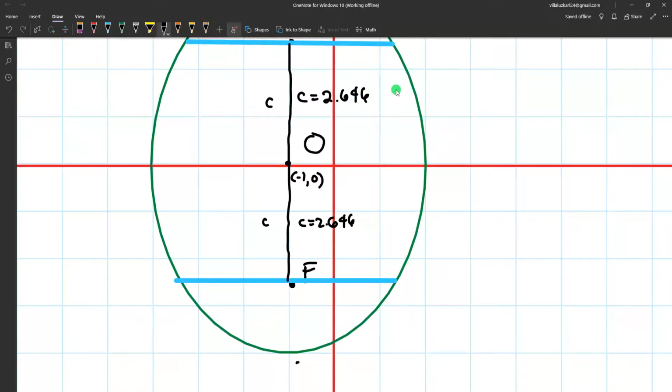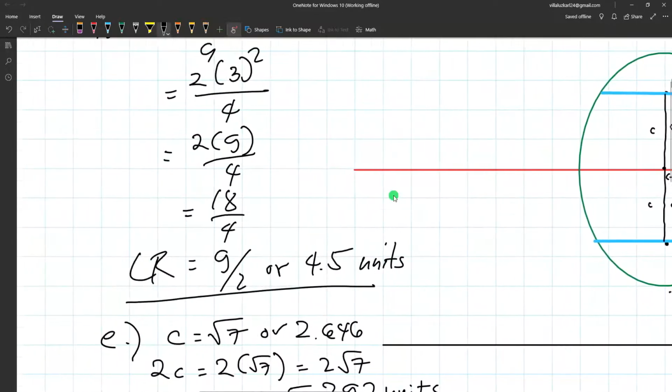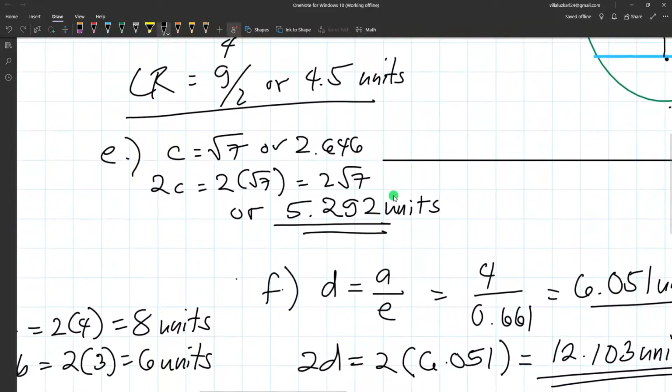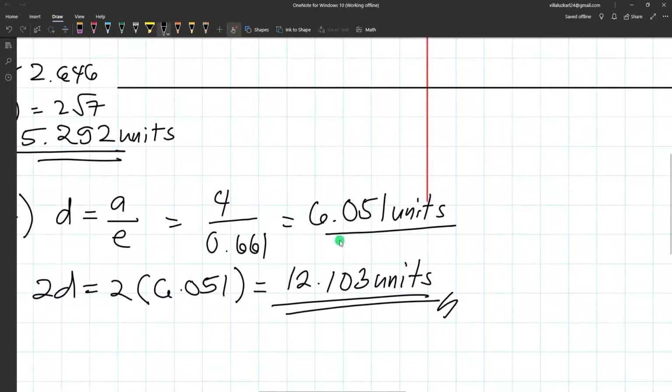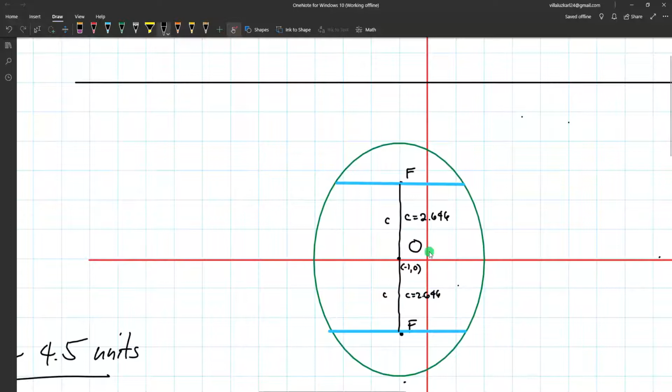For the directrix, we need the distance d, which is 6.051. That distance shall be measured from the center of the ellipse, and the distance d is 6.051 units.